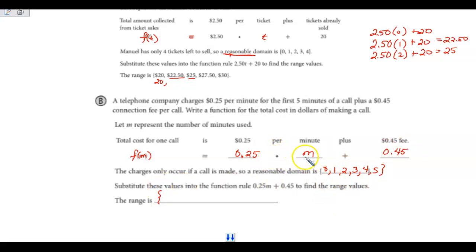if m is 0, then it's just 45 cents. And if my number of minutes is 1, then we have the 45 plus the 25 cents, and that's going to give me 70 cents.